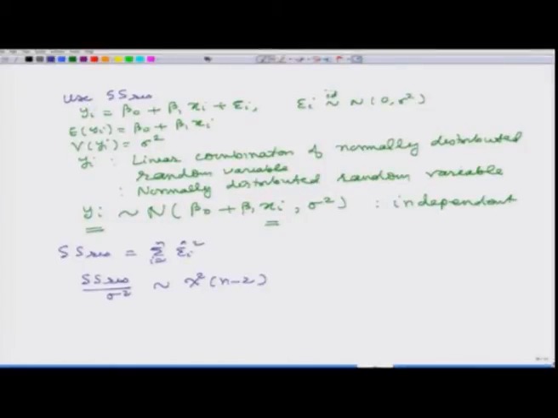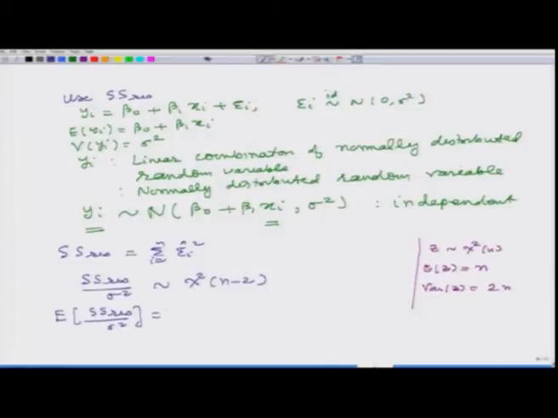Right. So, just for the sake of your information and a quick review, we know that if there is some random variable z which is following a chi-square distribution with n degrees of freedom, then its mean, that is, the expected value of z, is n, that is the number of degrees of freedom, and variance of z is nothing but twice n, that is twice the number of degrees of freedom. So, if I try to find out here the mean of this quantity, I can write down here expected value of SS res divided by sigma square.